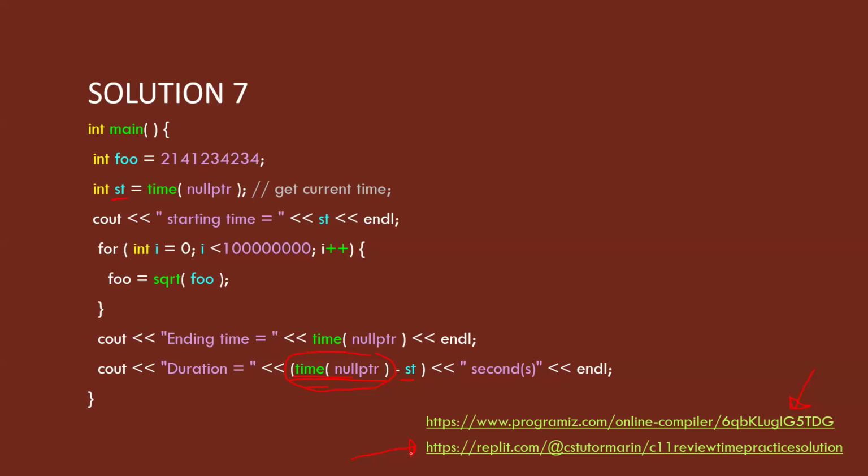Notice we're not really measuring the upload and download time or the internet lag, because the measurement happens between here and here. I think Program IZ probably has given us a bit of a beefier computer on their servers than we're getting from Replit. And that stuff can be dynamic, so maybe those servers are changing over time, but it's an interesting way of peeking behind the curtain a little bit.